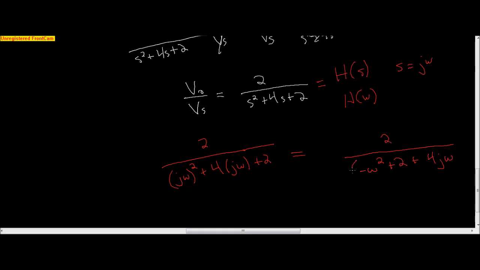Okay, so I grouped the omega squared and the 2 over here because these are the real terms, and then this is the complex term. So I just wanted to separate them because it'll make our lives simpler. Okay, so this is our answer. This thing equals H of omega.